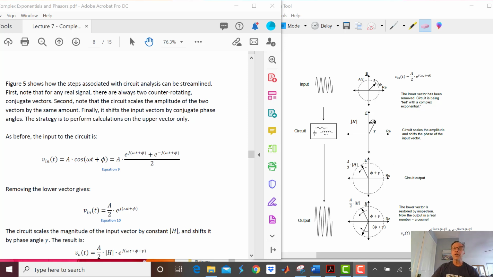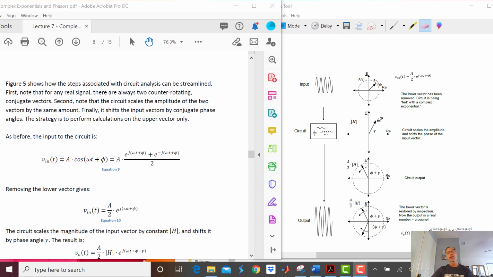And for the circuit, here's our circuit, same kind of thing. It's going to shift the positive frequency components by gamma phase, and it's going to scale the amplitude. And I know that it's going to be conjugate for the negative frequency components.